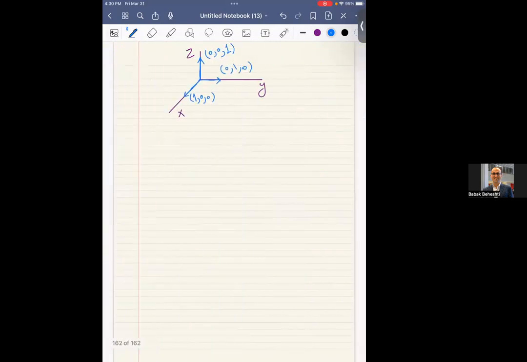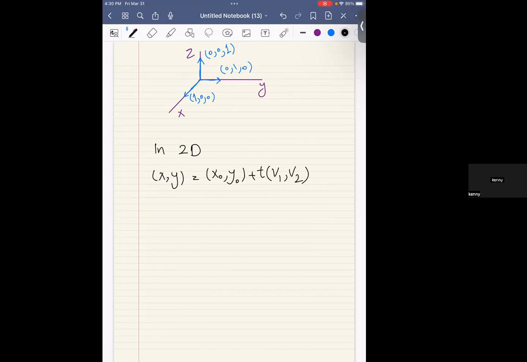So in 2 dimensions, the equation of a line is (x, y) equal to (x0, y0) plus t times the direction vector. That means x is equal to x0 plus t v1 and y is equal to y0 plus t v2. This is the equation of a line in 2 dimensions.